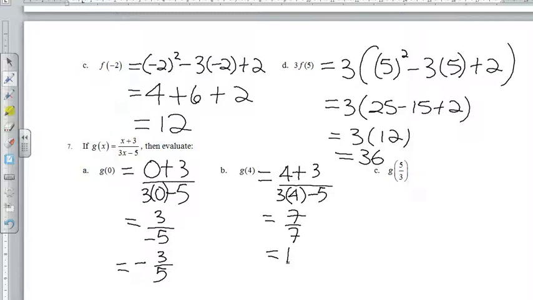This is not going to be fun. I mean, these were pretty easy. This is a little tougher. We got fractions here now. It's going to be a bit of a pain. So it's 5/3 plus 3 over 3 times 5/3 minus 5.